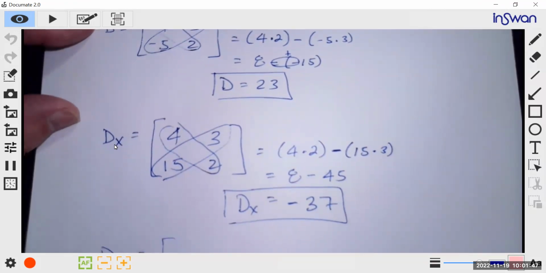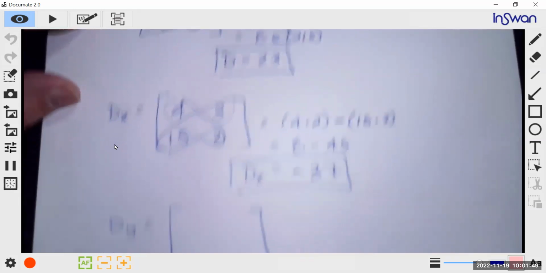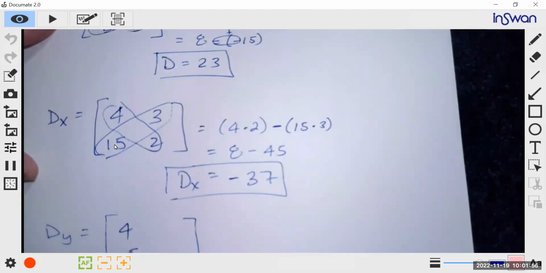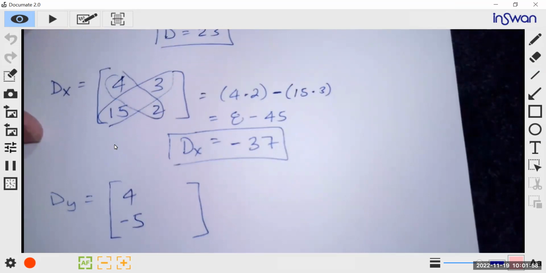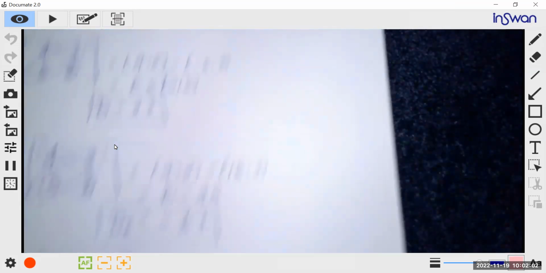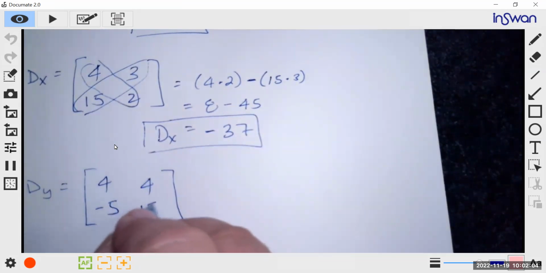Then Dy. Again, for Dy, I leave the x values alone, so it's 4, negative 5. And I put the answers in the y column. So it's 4, 15.